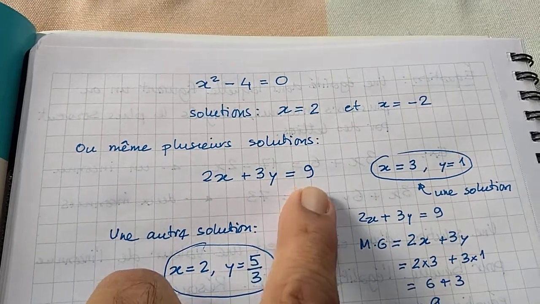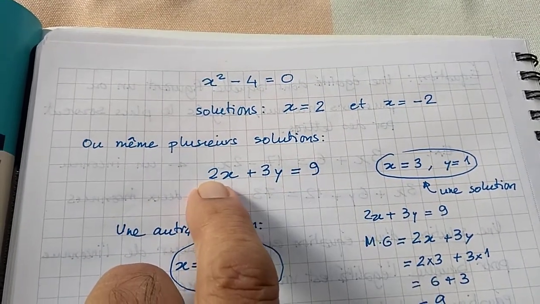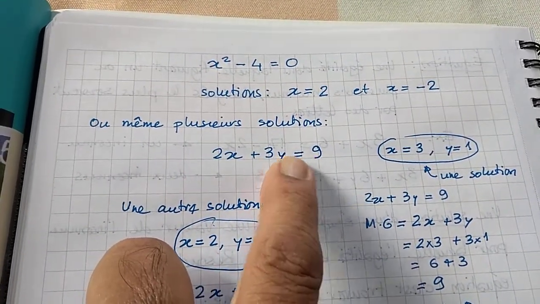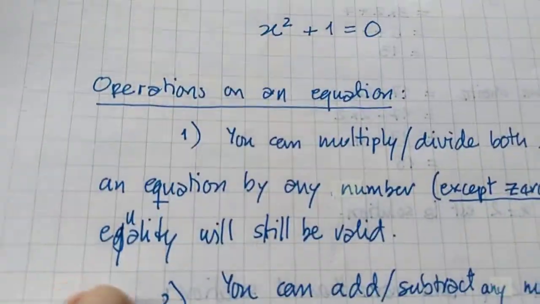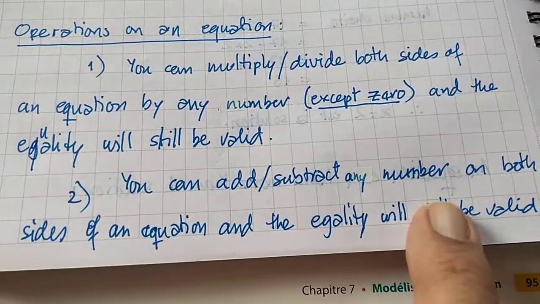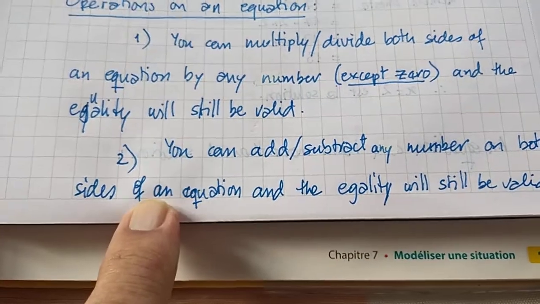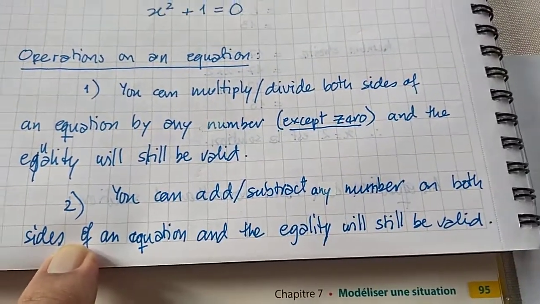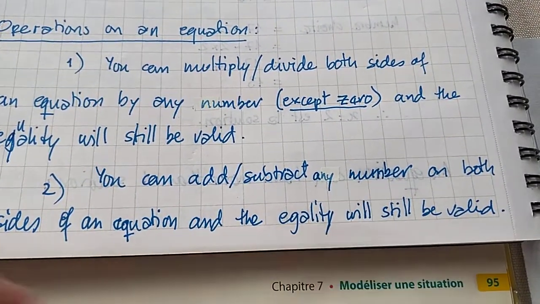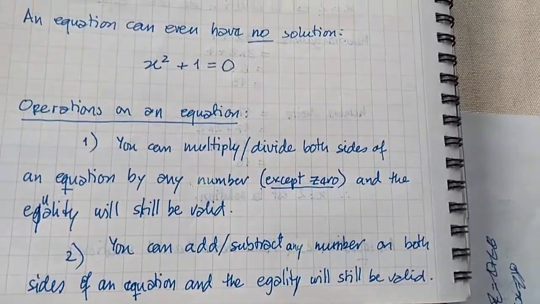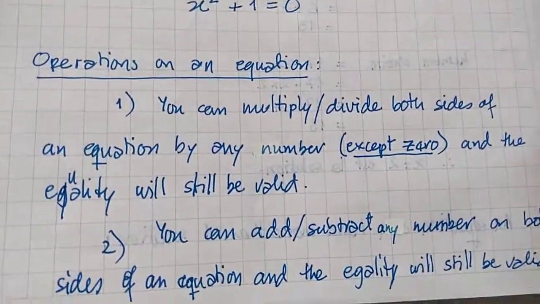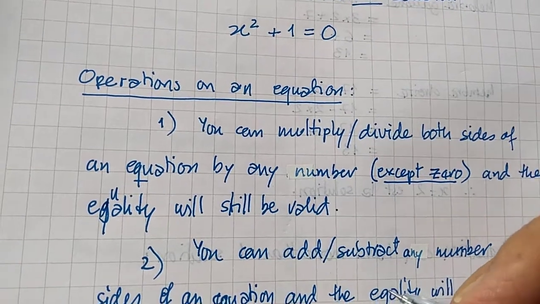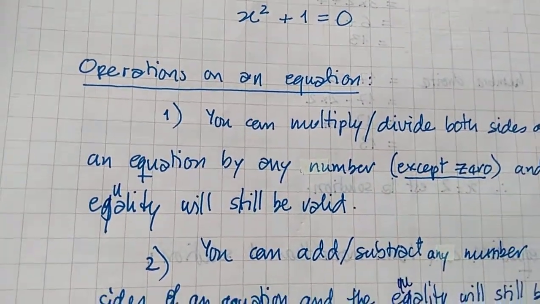If you divide this side and this side by the same number, as long as the number is not 0, the equality will still be valid. And similarly, you can add or subtract any number to both sides of an equation, and again I've written equality, let me correct that, and the equality will still be valid.